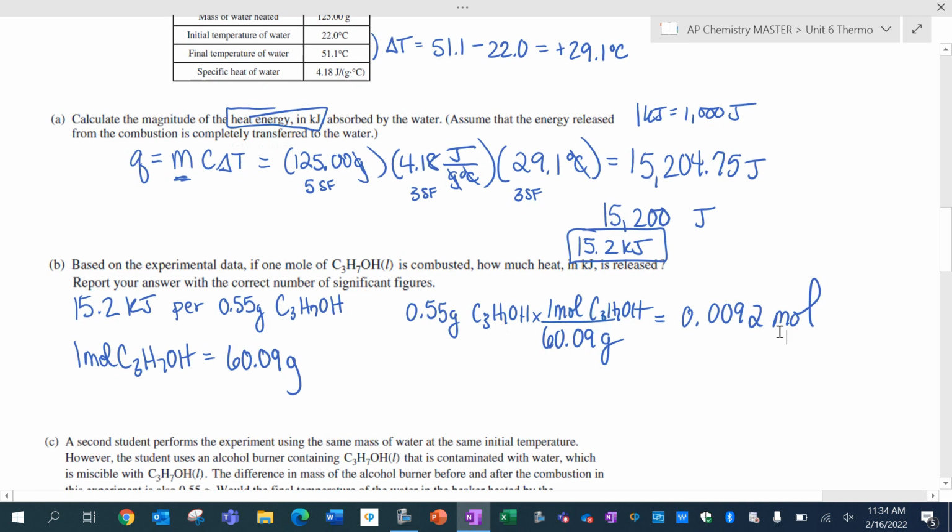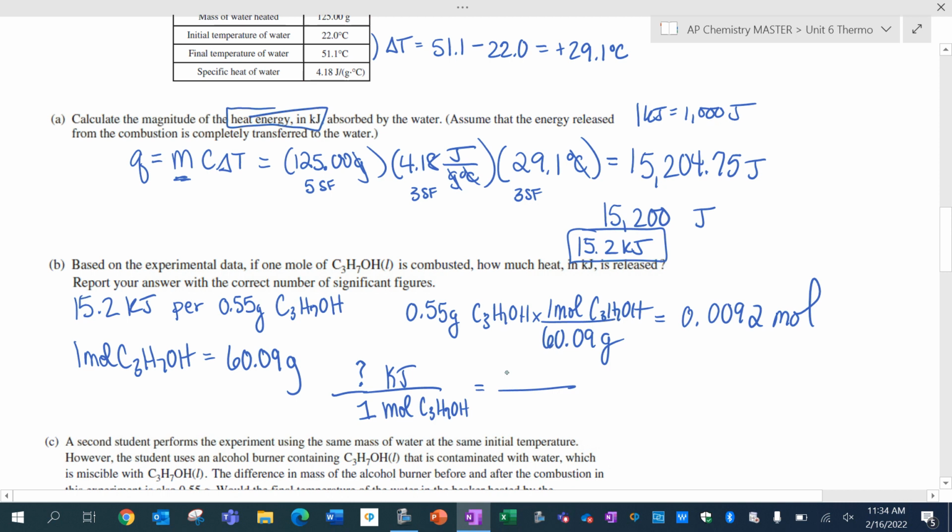Okay, and I want to find the energy per every 1 mole combusted. So basically what this question is asking me to find is the kilojoules per mole of C3H7OH. To find the energy per every 1 mole, let's set it up like a ratio. I want to find how much energy is released when 1 mole reacts.